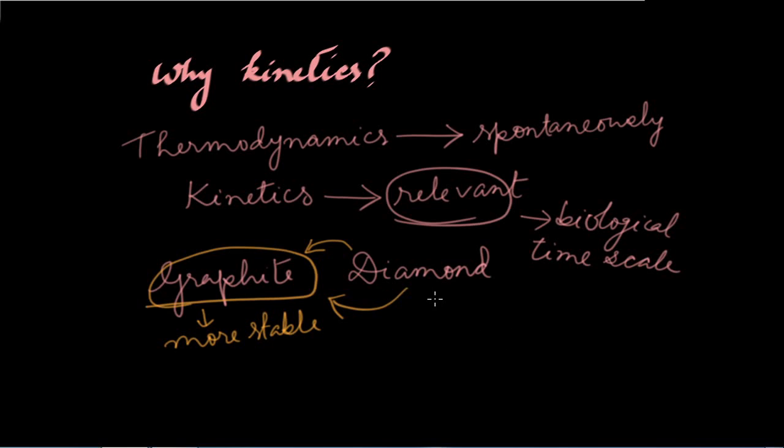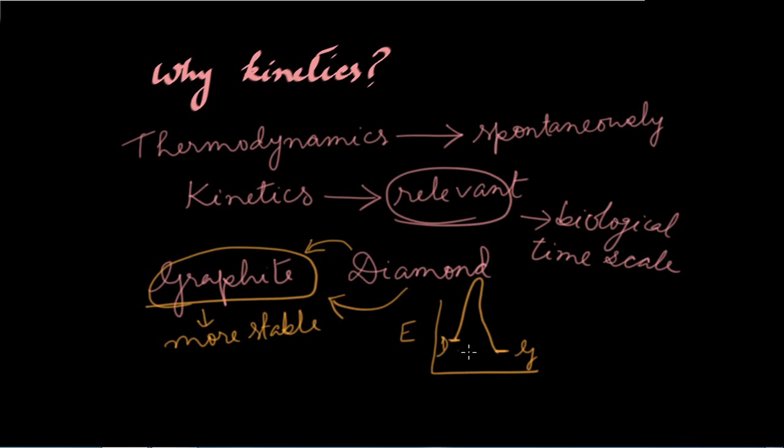If we plot energy here, then here lies graphite and here lies diamond. So energetically diamond is less stable compared to graphite, but the conversion from diamond to graphite has a very high barrier, which is not easily surmountable.